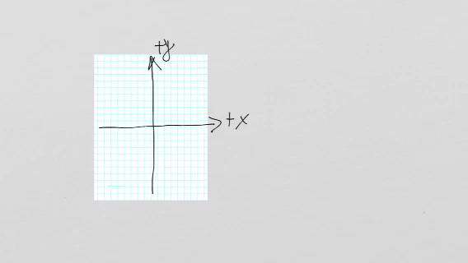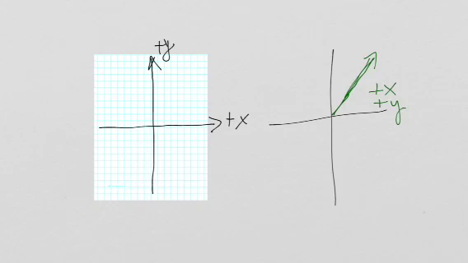So if I draw an actual vector in the first quadrant, let's say I started back here at the origin. This vector is going to have a positive x and a positive y. Positive x because it's moving to the right, positive y because it's moving upward.